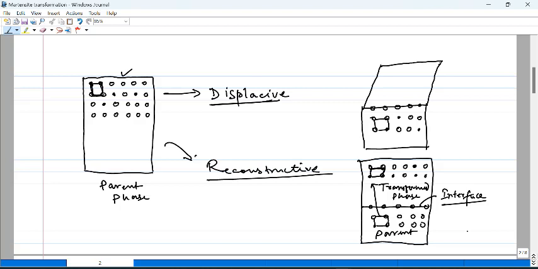Okay. So now across this interface, you could see that if we can move these atoms a bit like in this manner now, we would be able to generate a new pattern which is like this.